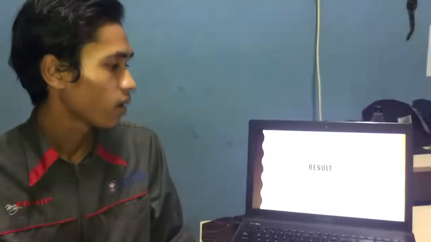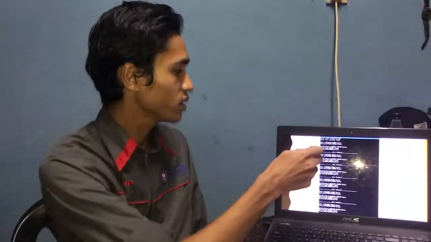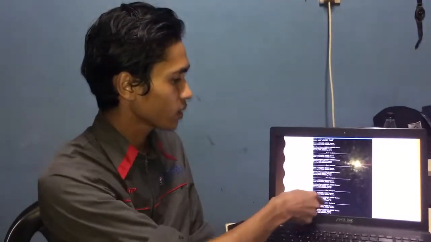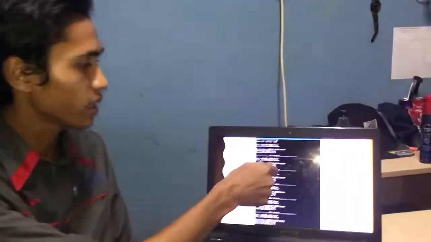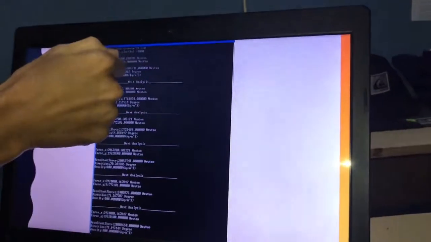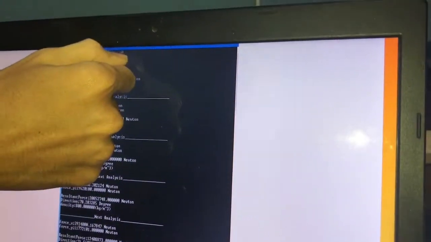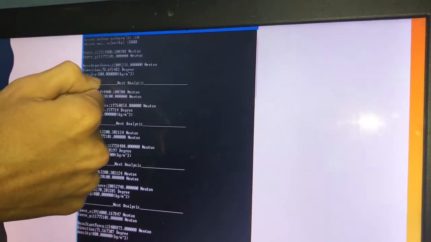For the result, this is the output that I get after I set the volume to 10 meter cube and the mass to 8,000 kilograms, which gives a density of 800 kilograms per meter cube.